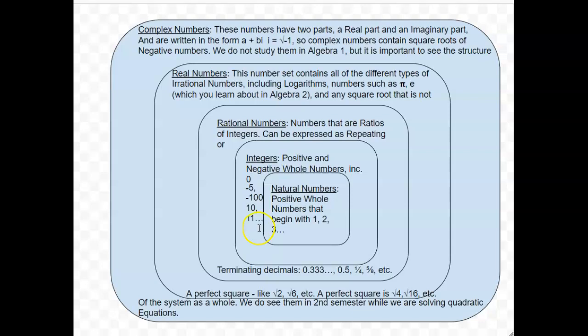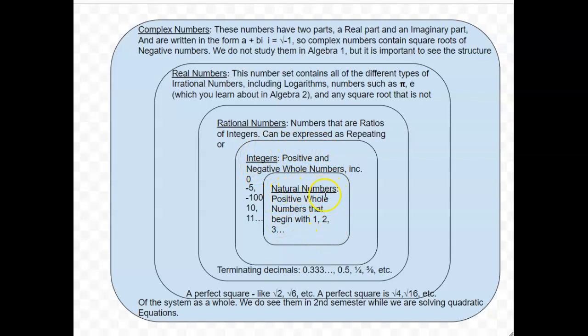So all of the natural numbers are also in the set of integers, but it doesn't work both ways. Not all integers are natural numbers, okay? All natural numbers are integers.